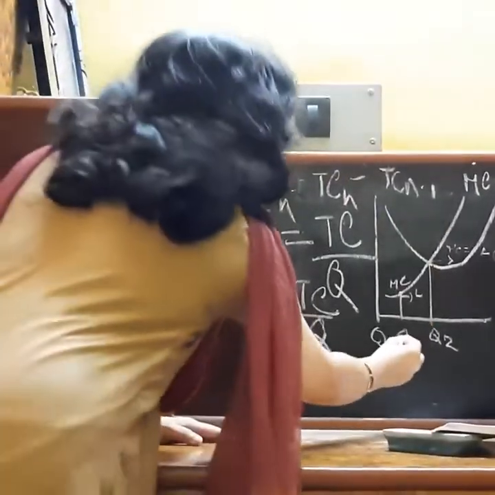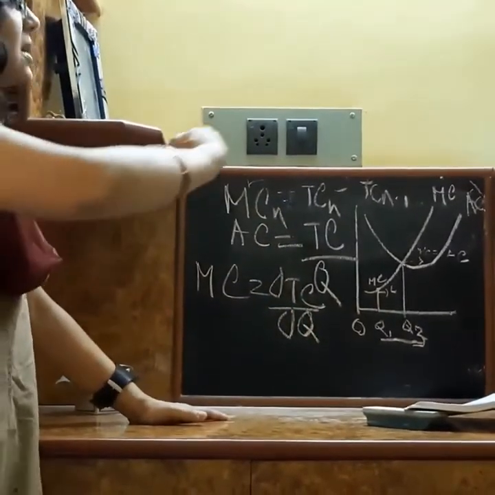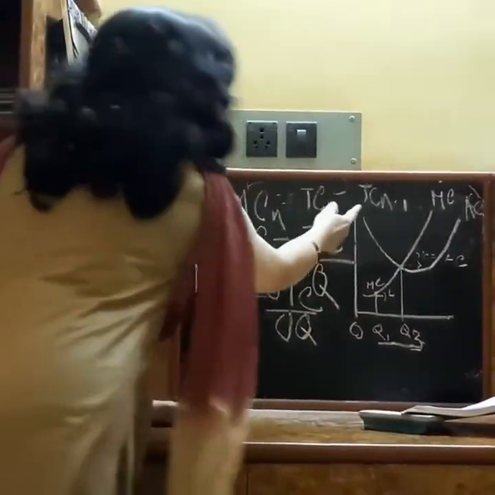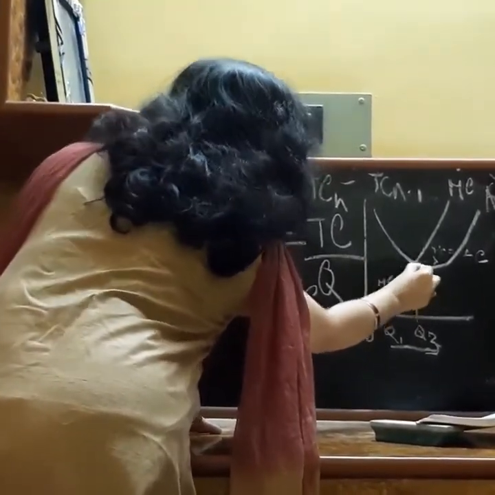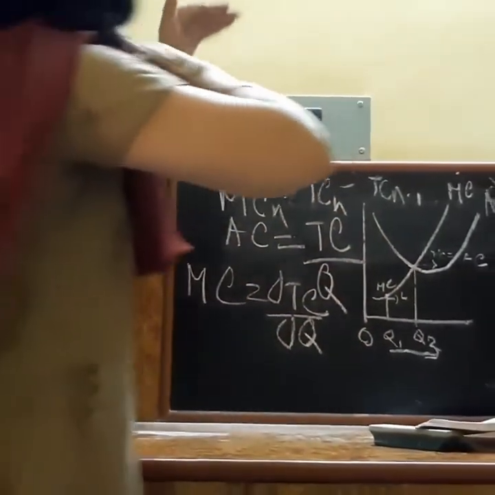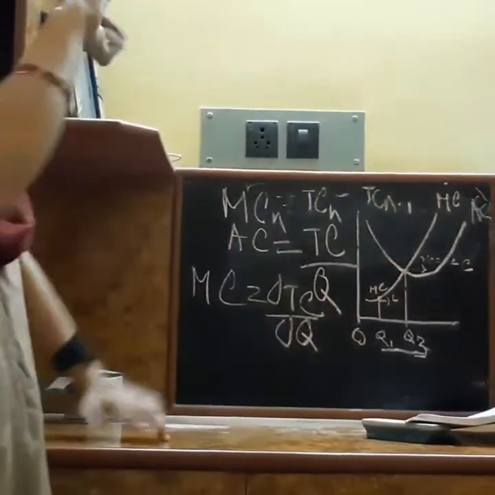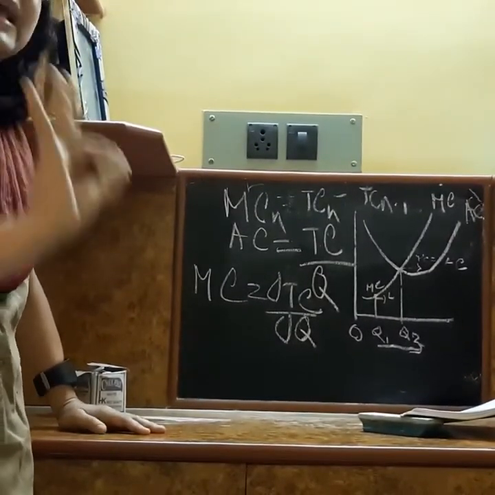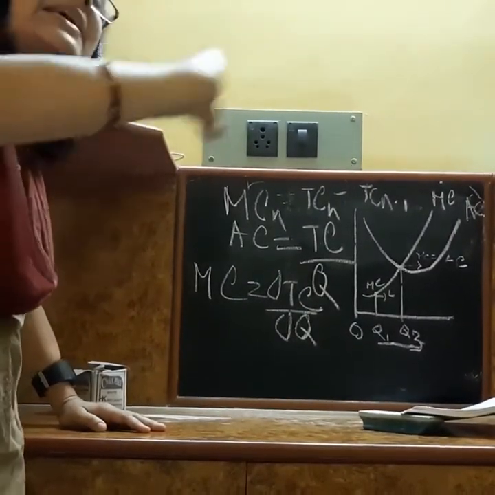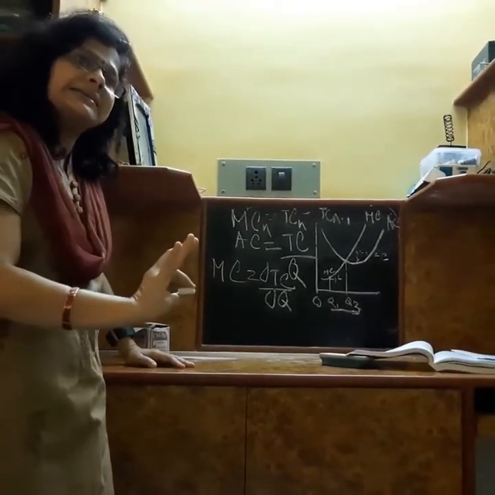Afterwards, between OQ1 to OQ2 output, MC is rising. But AC curve is still falling. Yes or no? Falling. Even if MC is rising, it lies below AC, means the value of MC is lesser than AC.